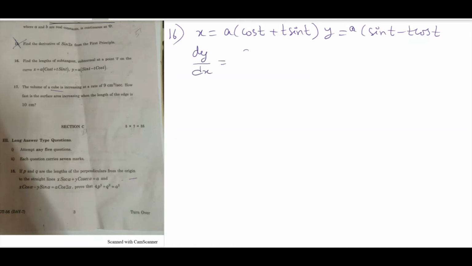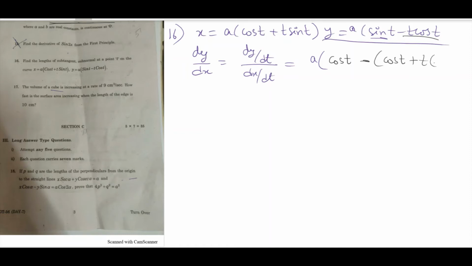Dy by dx equals dy by dt by dx by dt. So first differentiating y with respect to t, I get a into differentiation of sin t, which is cos t, minus, apply the UV rule here, so differentiation of t is 1 into cos t plus t into minus sin t, divided by a into dx by dt, which is differentiation of cos t, minus sin t, plus differentiation of t is 1 into sin t plus t into cos t.